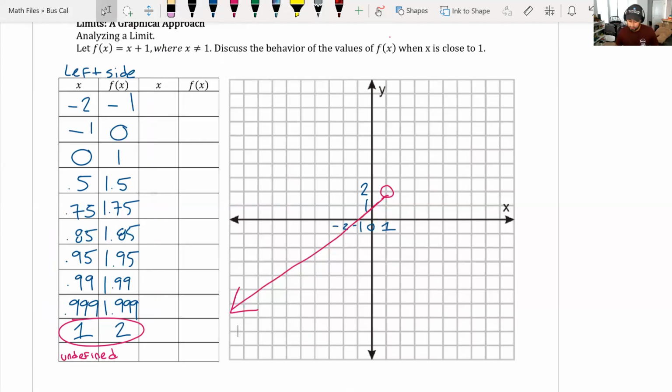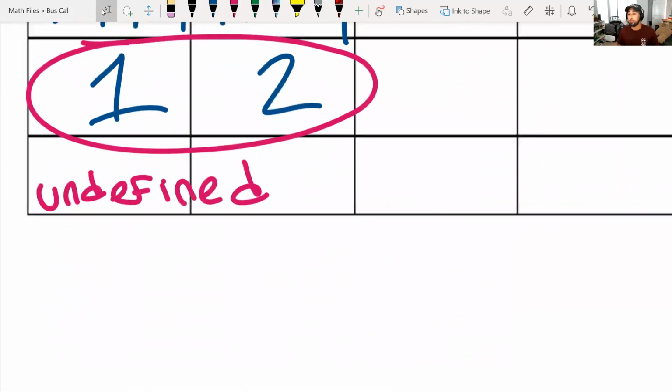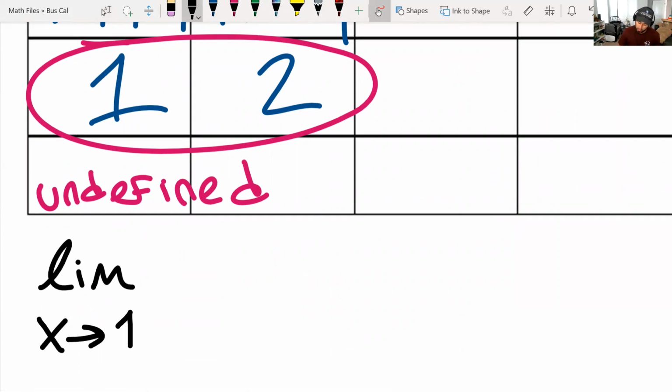Okay, so we approach this limit from the left side. So what we're going to write is that the limit as x approaches 1 from the left, this little minus sign means we approach a number from the left side.